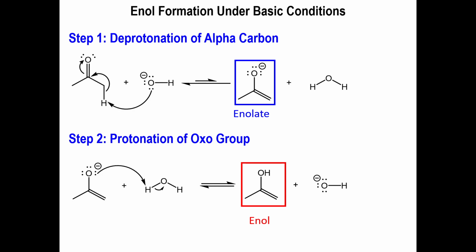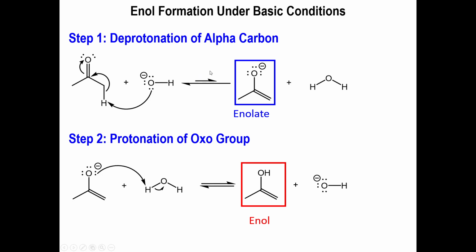Now, one thing I want to highlight, however, is that especially for ketones, aldehydes, and esters, the pKa of this alpha hydrogen is rather high compared to water. And what that means is that if you are using hydroxide as your basic source, then this is going to be an equilibrium at best.